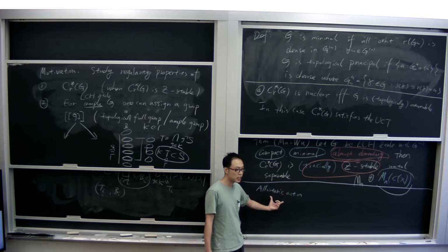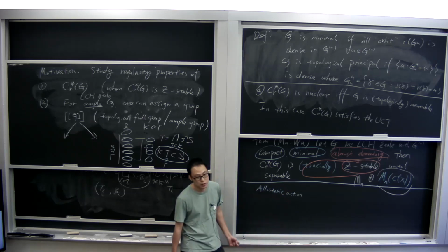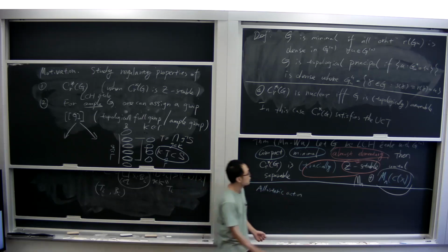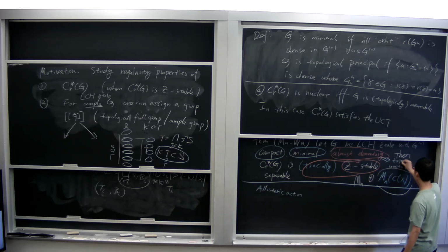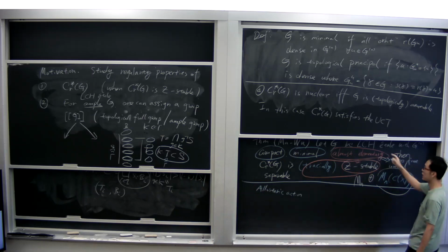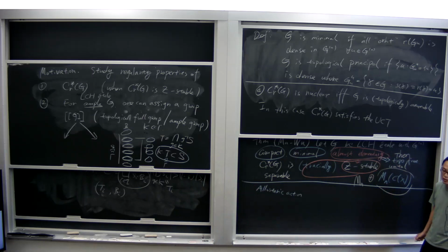Let me repeat that. Are you assuming topologically free, or not assuming it? Because this notion implies your groupoid is topologically free, so you don't have to add it here. But that's not sufficient. The theorem is not true if you just assume topologically free.